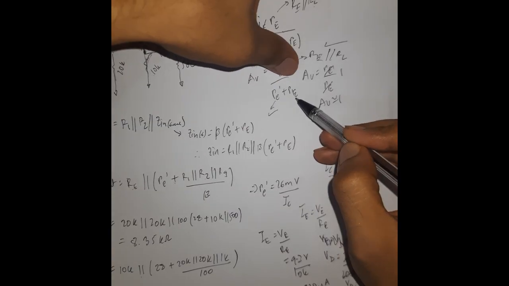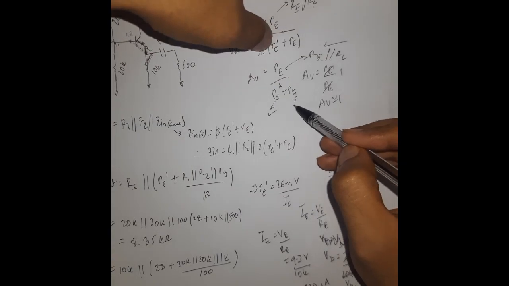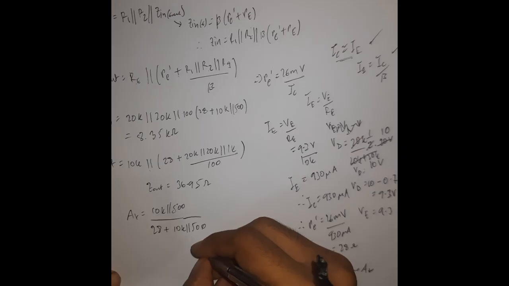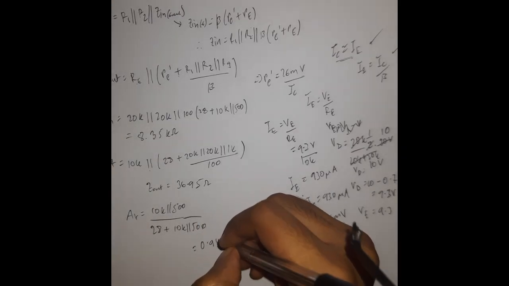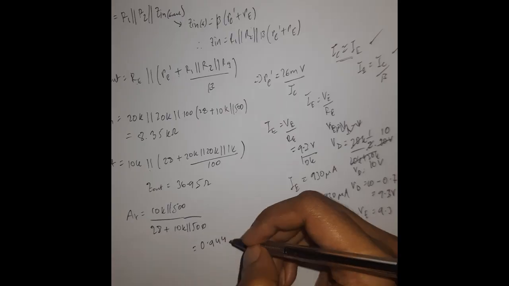We calculated this, again this is the same as this. So our gain is 0.944.